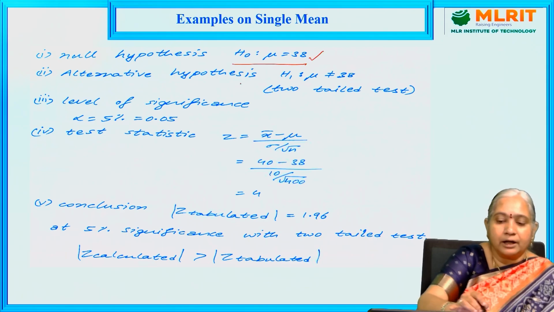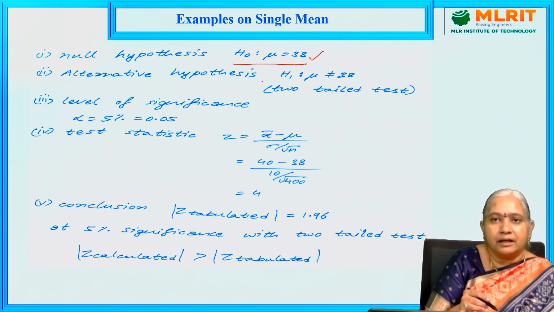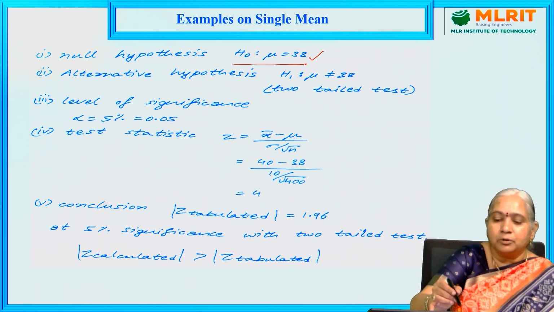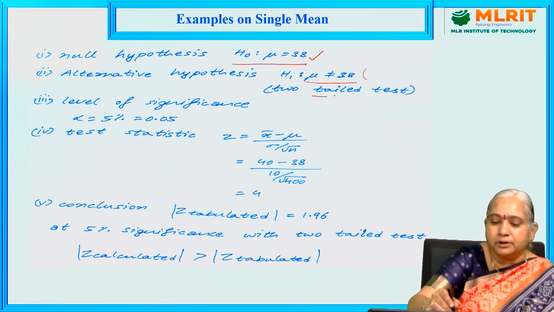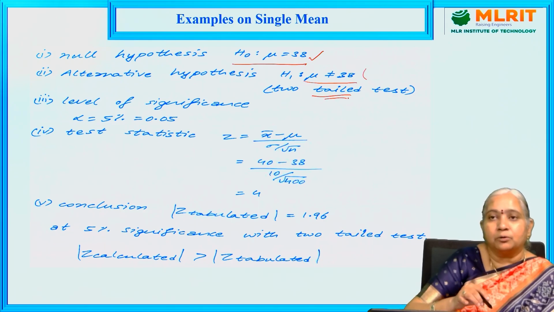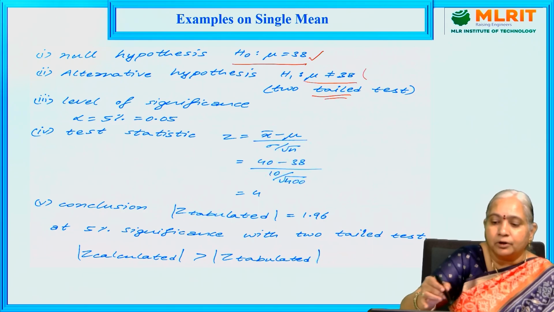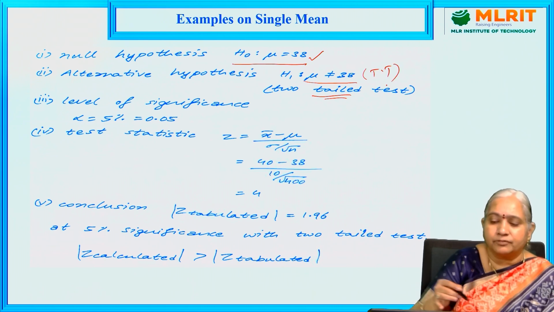Next, the alternative hypothesis, which is not given in the question. So, in general, we define the alternative hypothesis as mu not equal to 38. Not equal to means this is a two-tailed test. That means the total error is divided into two equal parts on either side of the mean.